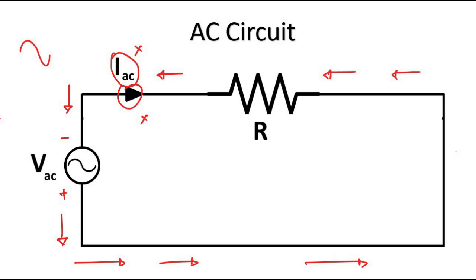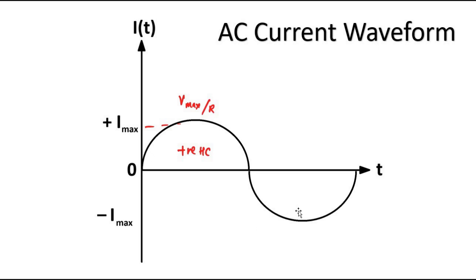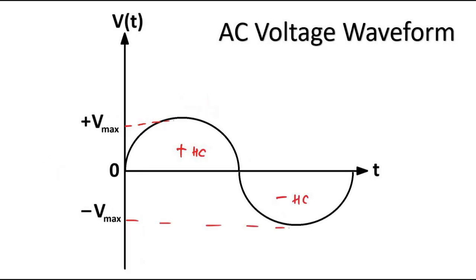Okay, so for the negative half cycle of the voltage, this is the resultant current waveform. Starting from 0, as the voltage goes towards the negative half cycle, at the negative peak minus Vmax, we have the resultant current minus Imax.